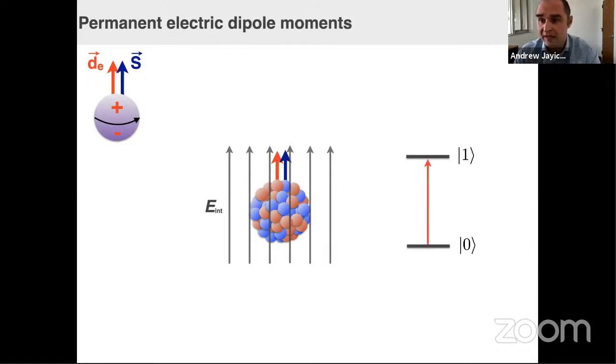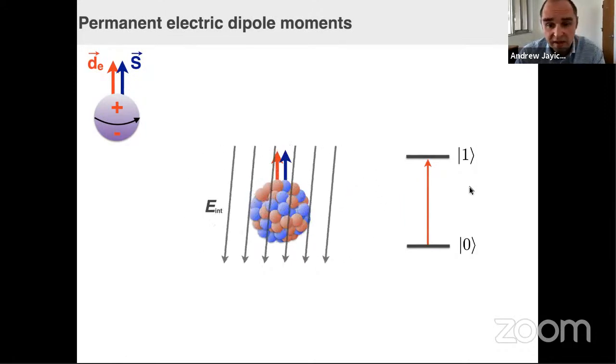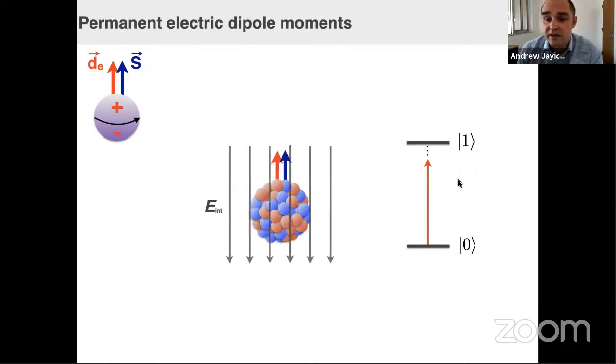You can do that with some RF or optical transition, for example. And then to see if there's a dipole moment, you want to reverse the electric field and see that there's an energy level shift between these two levels due to this now reversed electric field. The energy configuration is different.